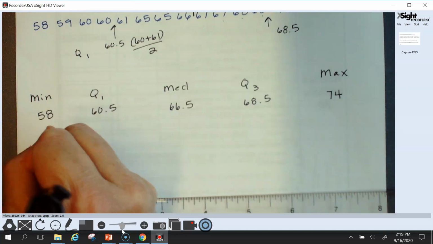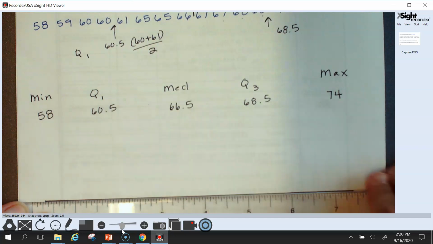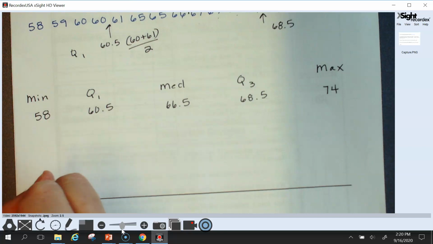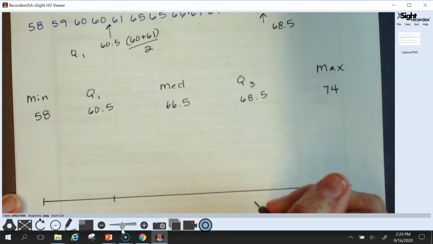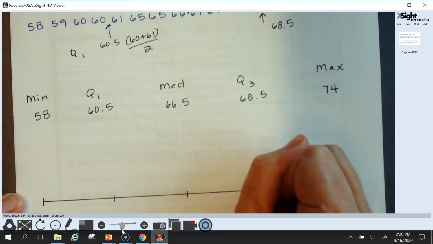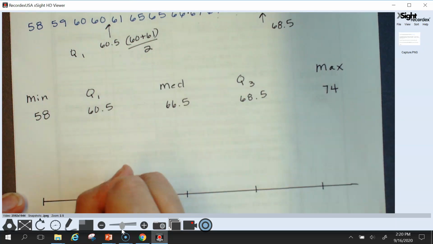So what you need to have is your number line. So I'm going to go from probably 50 to 80. So I'll go from 50, and I'll scale 60. Well, actually, let's go 50, 55, 60, 65. Just to give a good scale here.